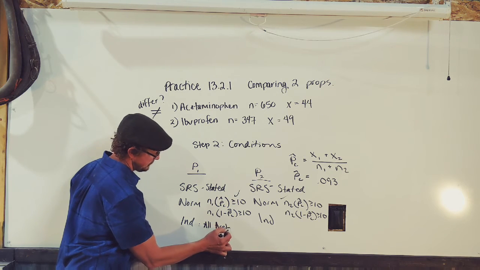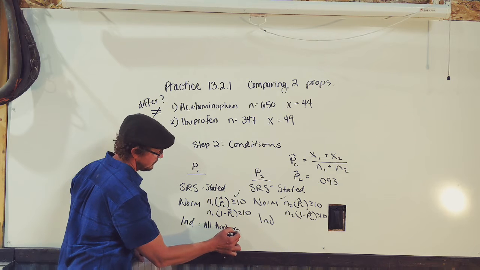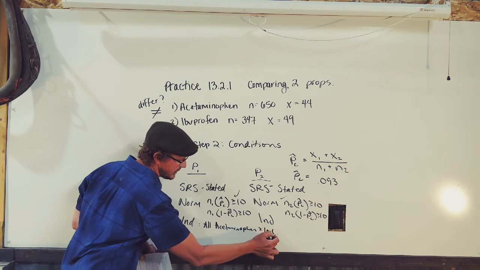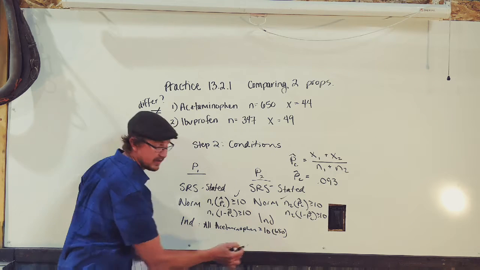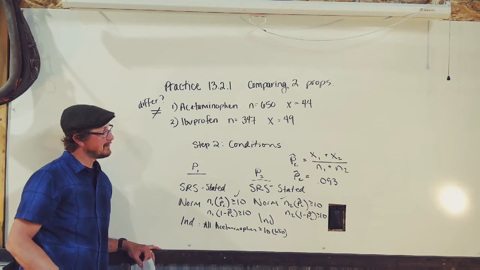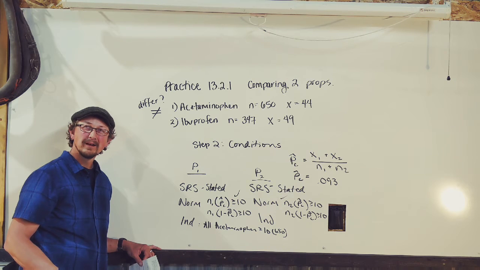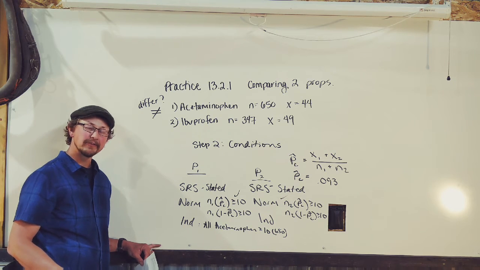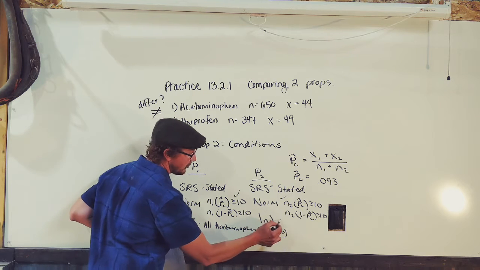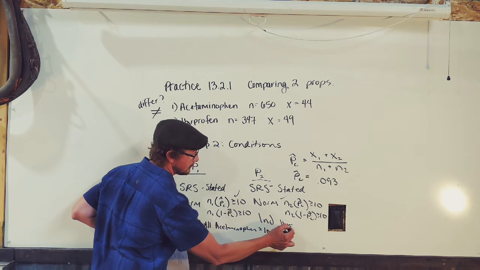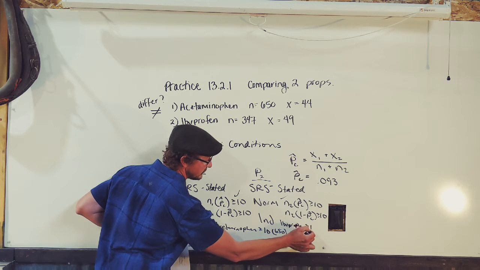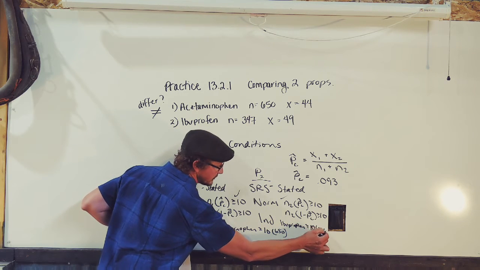For independence, I could say all acetaminophen users is indeed greater than 10 times 650, so there's definitely more than 6,500 individuals out there who take acetaminophen. I think that one's Tylenol, right? Tylenol is acetaminophen. And then same for ibuprofen, it's also greater or equal to 10 times 347.